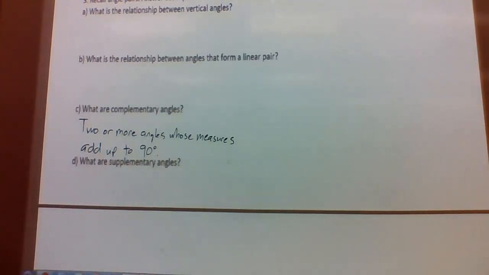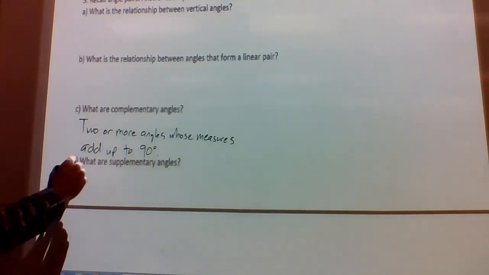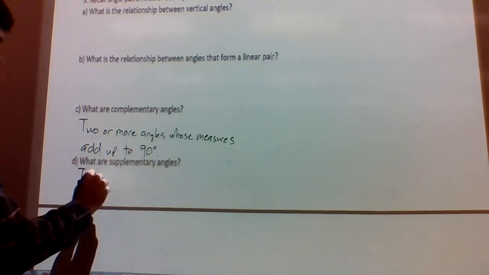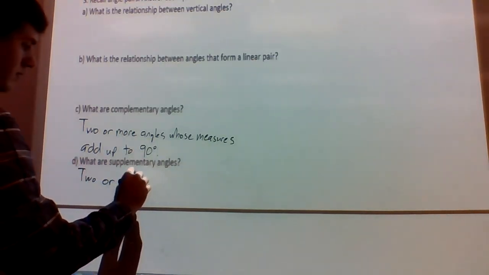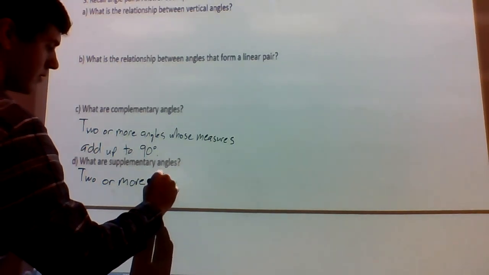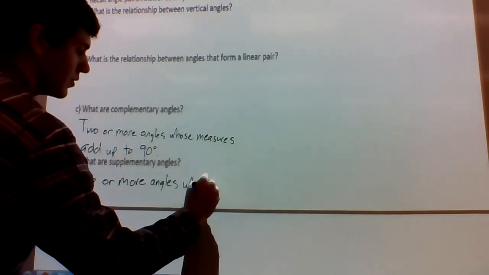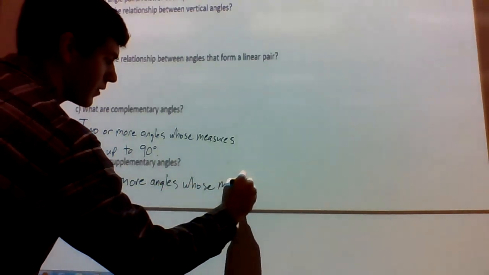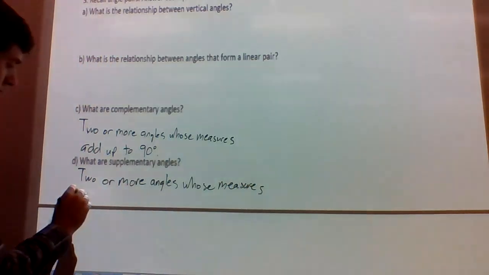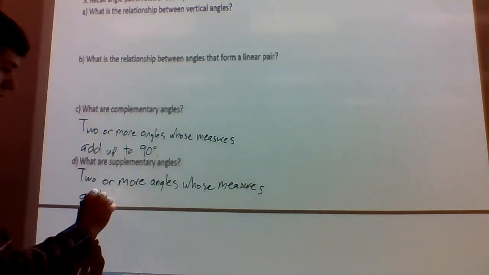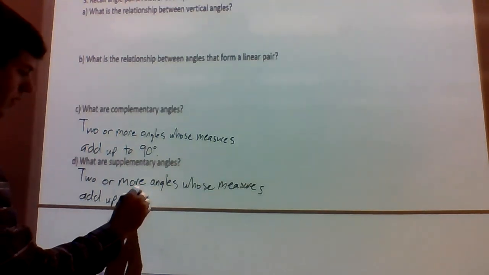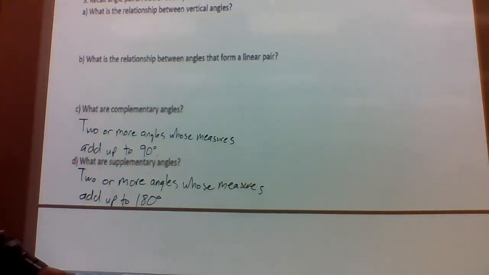Supplementary angles are two or more angles whose measures add up to 180 degrees.